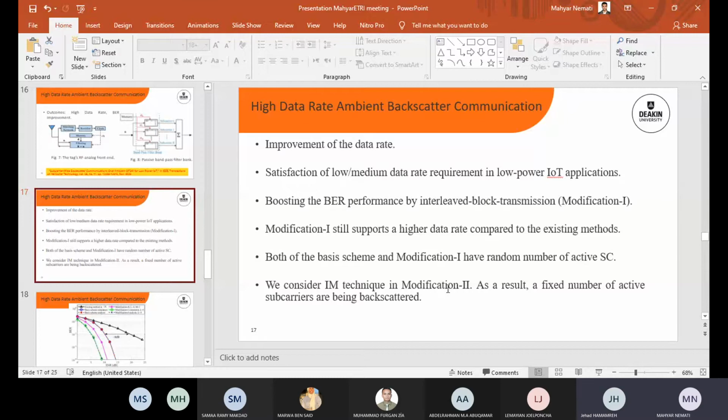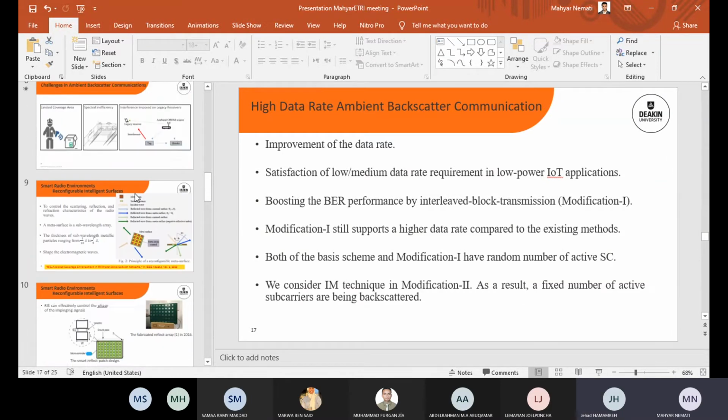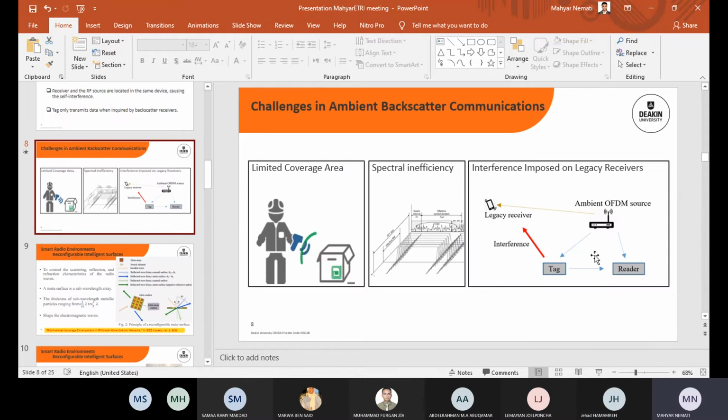So, we can have another modification by using index modulation in the ambient backscatter communication to reduce the number of active subcarriers. If you remember the third challenge in ambient backscatter communication, it was that the tag can cause interference for the legacy receiver.